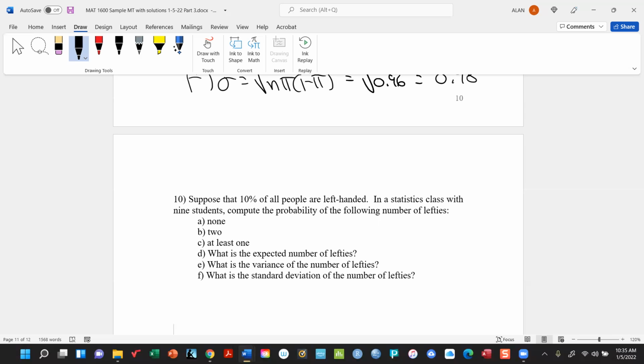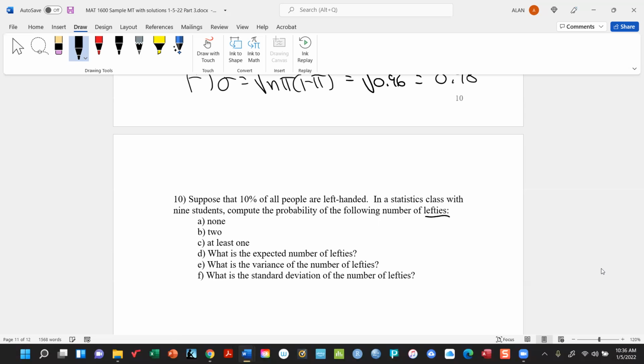Or if you prefer to think about it another way, you can think of everyone as either being left-handed or not left-handed. You can always break it down that way too. But let's just say, to keep it as simple as possible, 10% are lefties, 90% are righties. Now, by the way, it doesn't explicitly say the words left-handed means a success, but you know how you can tell, because all the questions have something to do with lefties.